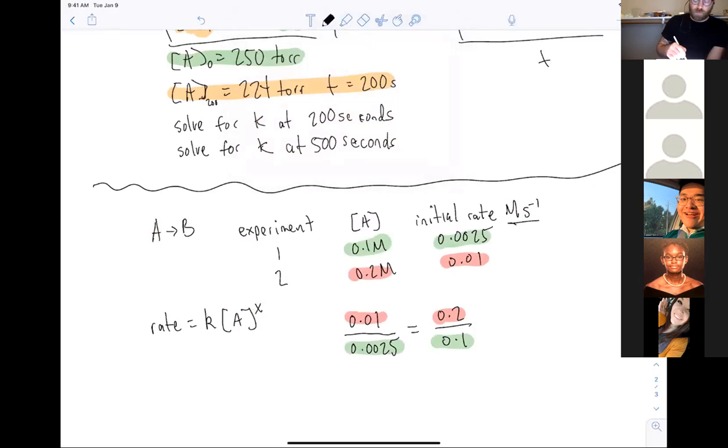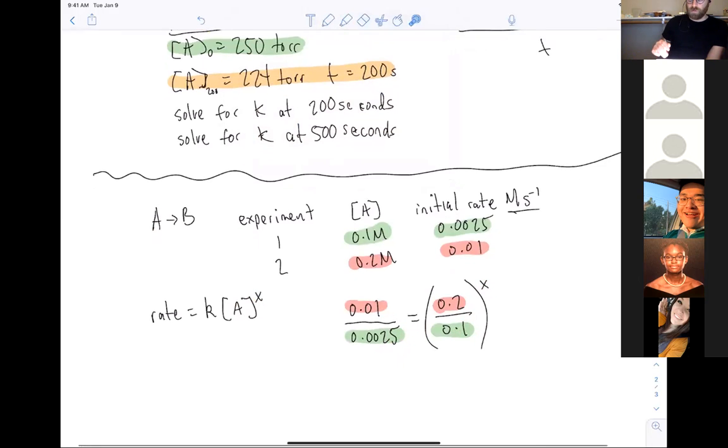So if we want to figure out what x is, we ask how the rate changes. When I double the concentration, what happens to the rate, and how is that related to this power?